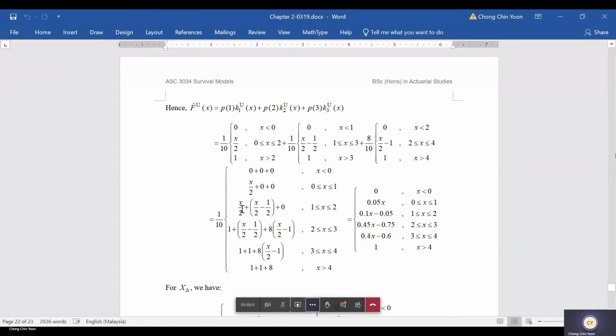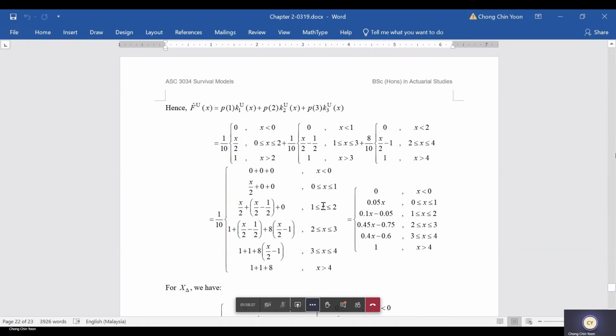I hope you get it. Whichever value you choose from 1 to 2, because this is an overlap, it is still the same. You pick any, because I told you just now, it is continuous. You choose this piece or that piece, you get the same result actually.